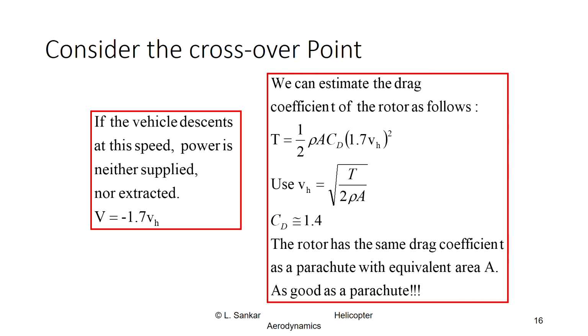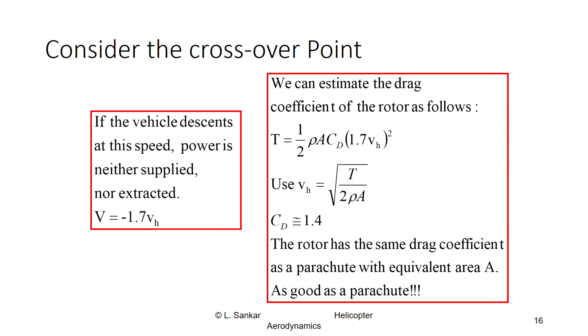So 1/2 rho times velocity squared is dynamic pressure, times the disk area A times CD is the thrust. Now if you substitute for VH the square root of T over 2 rho A, then T will cancel out, A will cancel out.